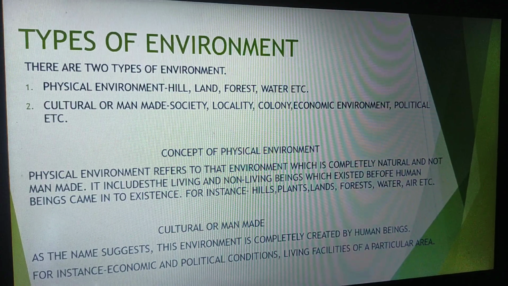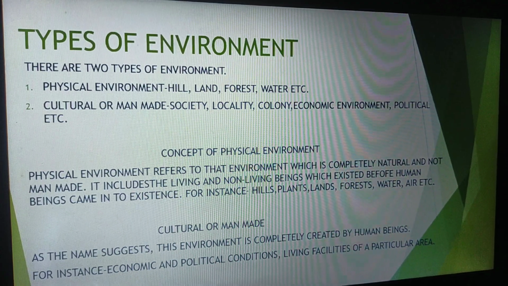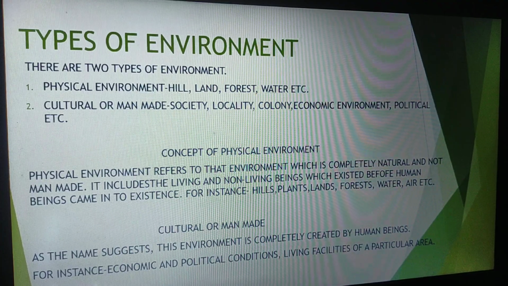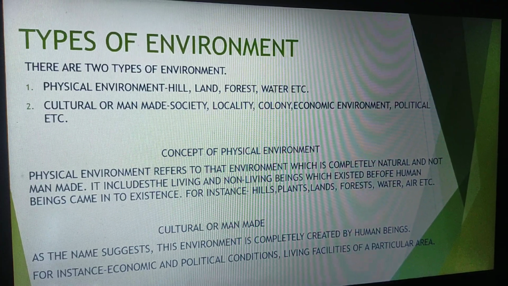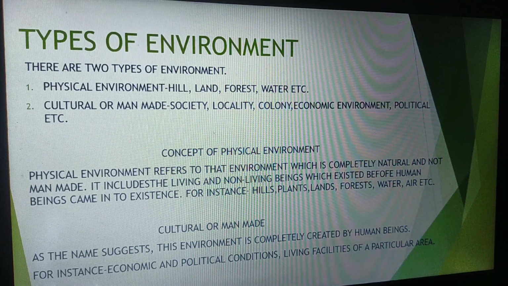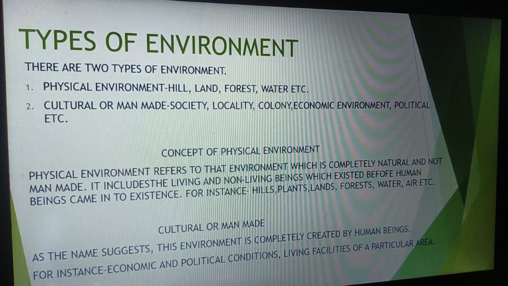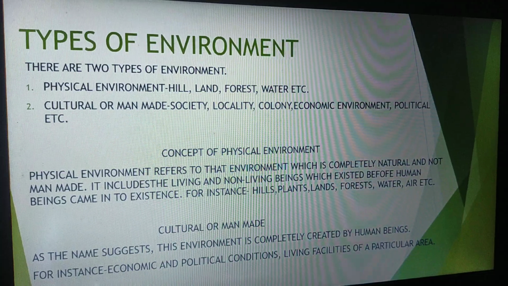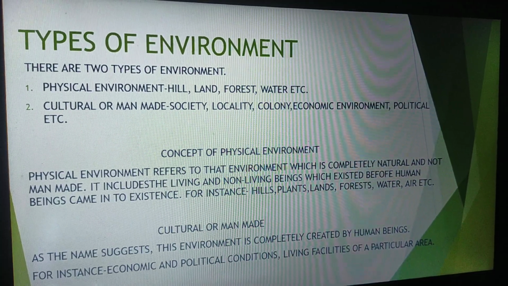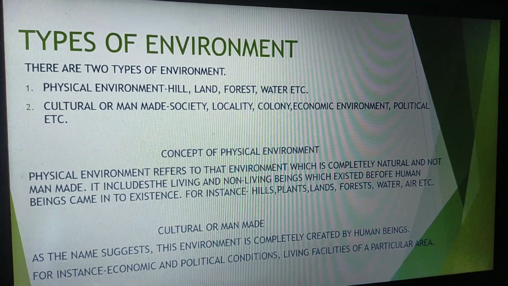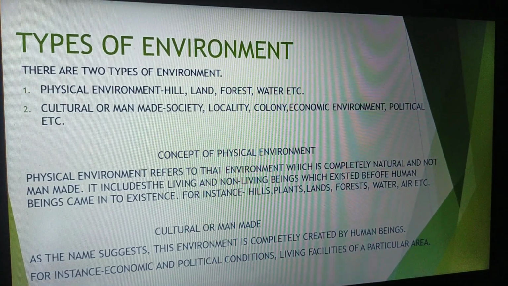So what is the concept of physical environment? Physical environment refers to that environment which is completely natural and not man-made. It is made by God or nature. It includes the living and non-living beings which existed before human beings came into existence.